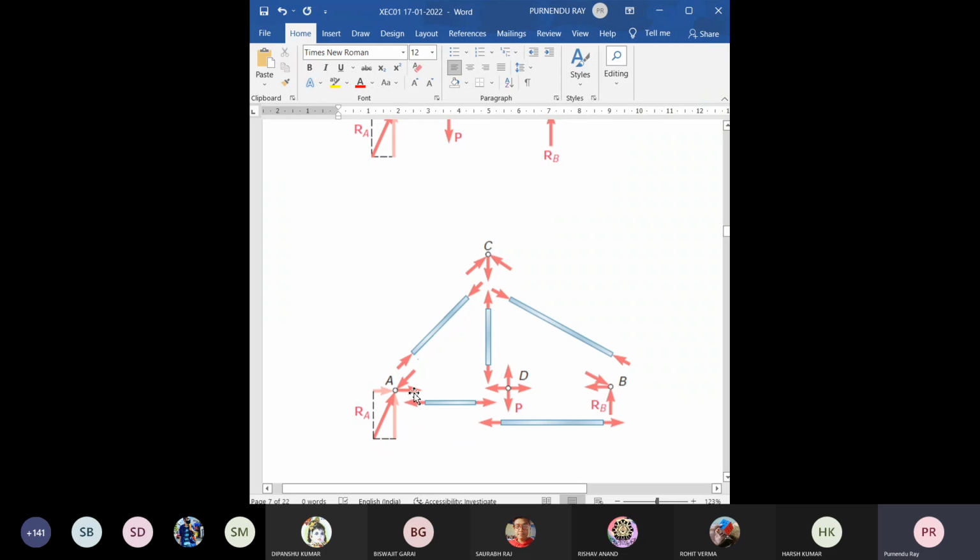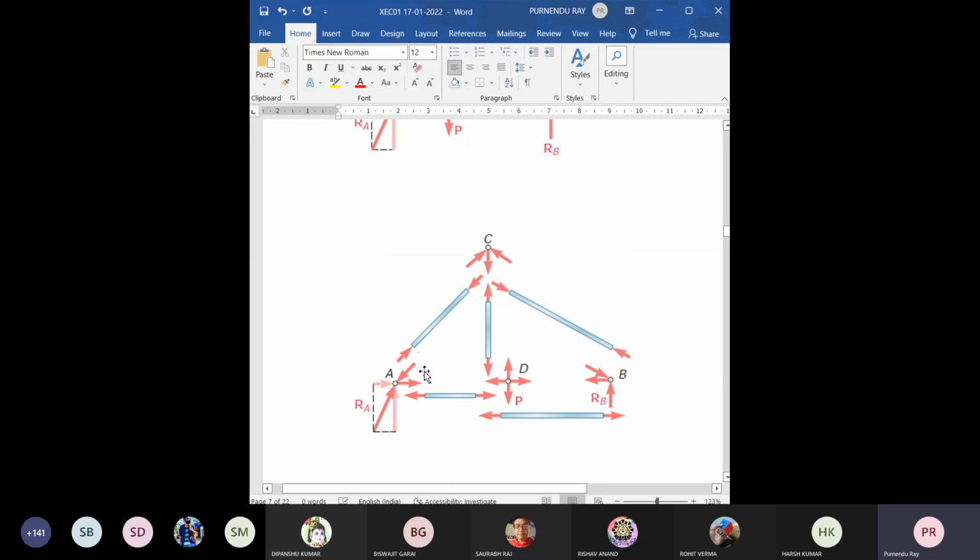But how do we understand the member will be under compression? What about the member AD? The forces are away, meaning it is trying to pull that member, to stretch it, to lengthen it. So the tensile force is indicated in that way. But we do not know whether it will be under tension or under compression.